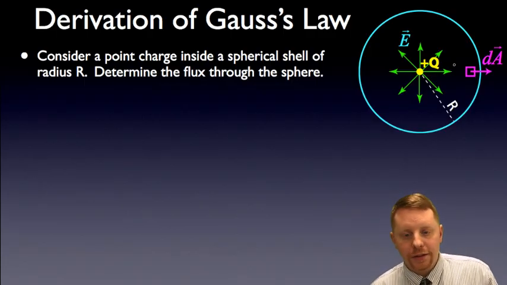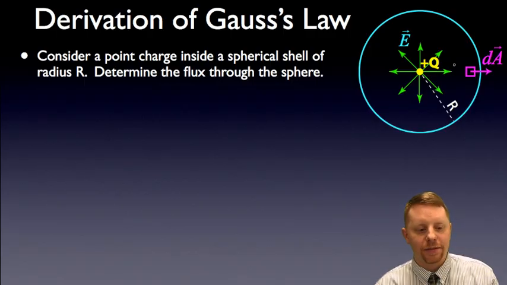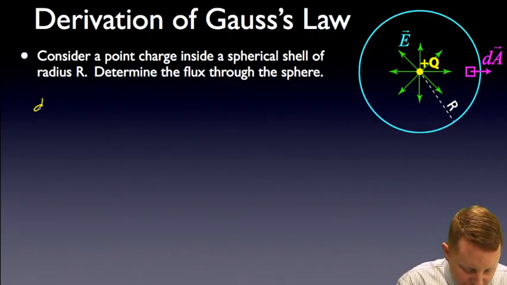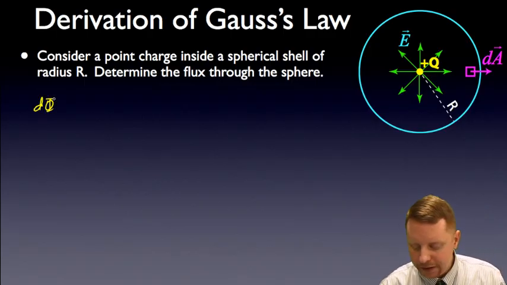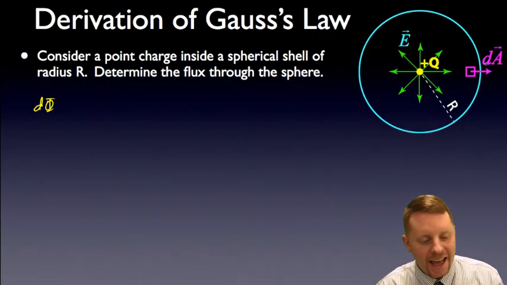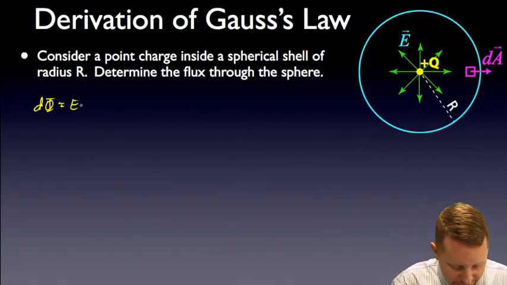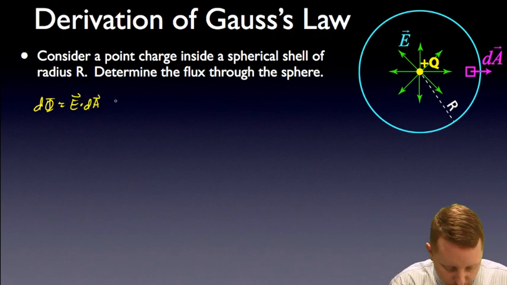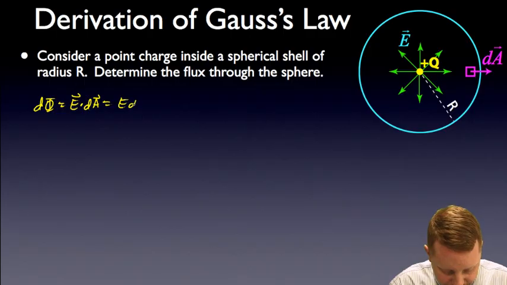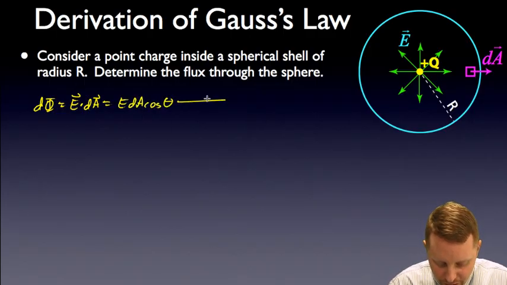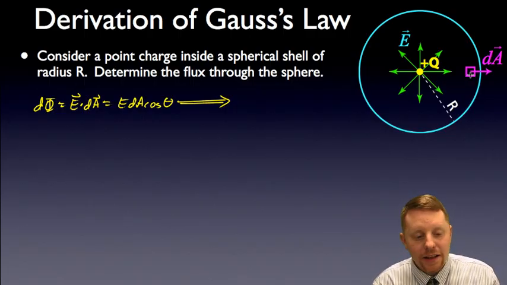As we do this, we're going to start off by finding the differential of flux, the little bit. So d phi through some little bit of surface area, dA here on the sphere, is going to be E dot dA, which is, as we said, E dA cosine theta. But here, take a look.